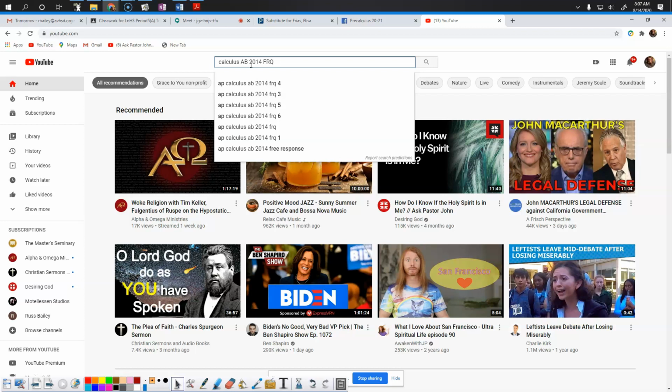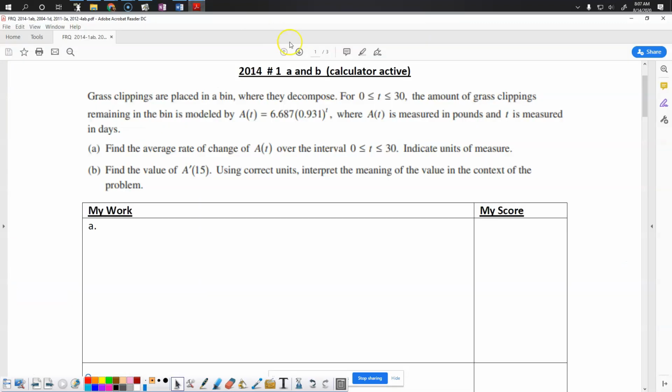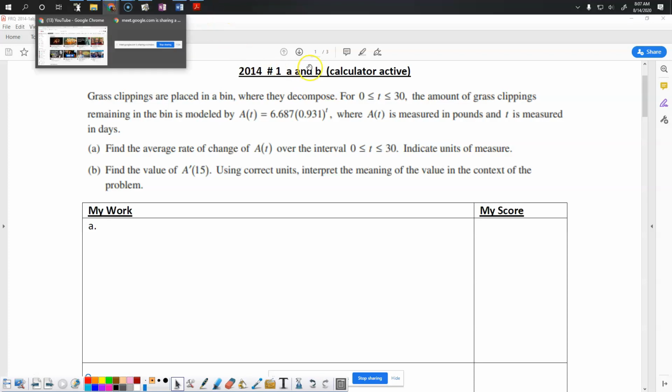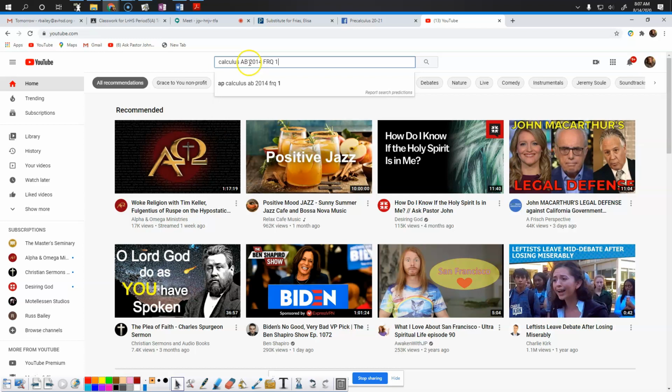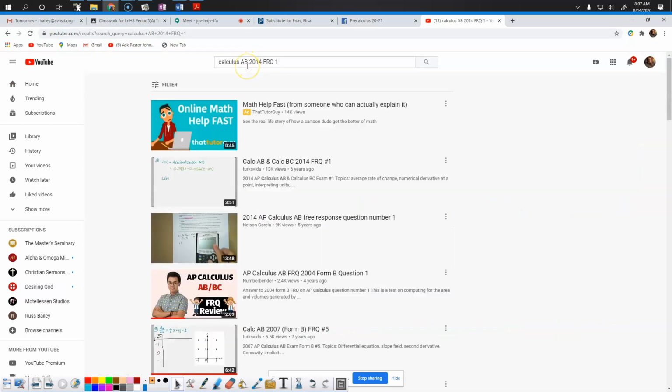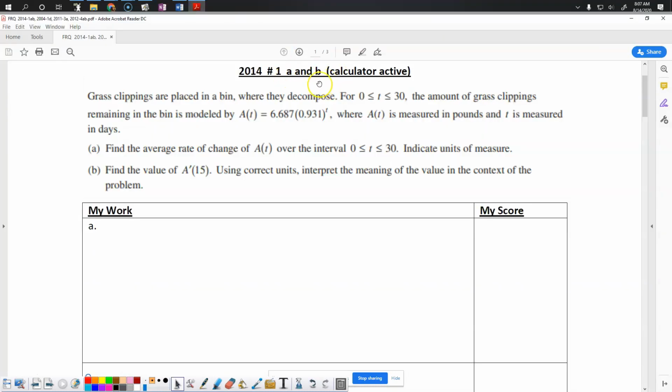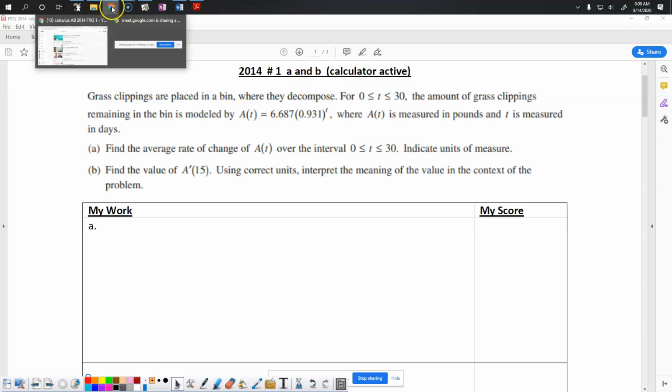Okay, and then you're going to type what number it is. This was FRQ question number 1. Now we're only doing parts A and B. This FRQ had a few different parts to it, but we're only doing parts A and B. So when you're watching the video, you don't have to watch the whole thing.